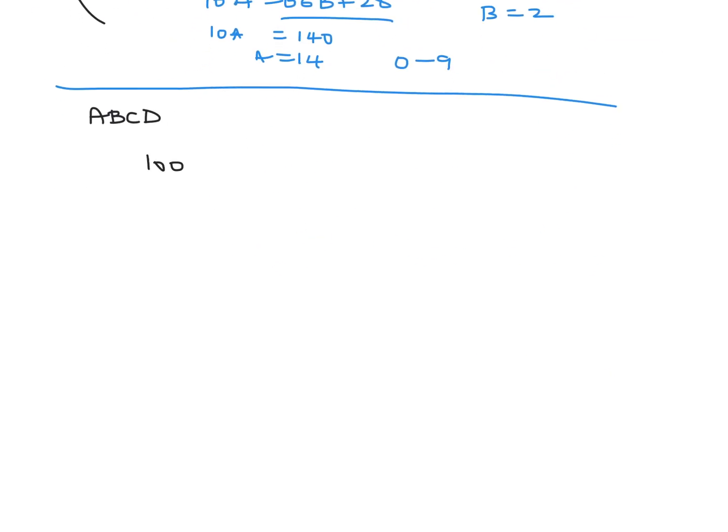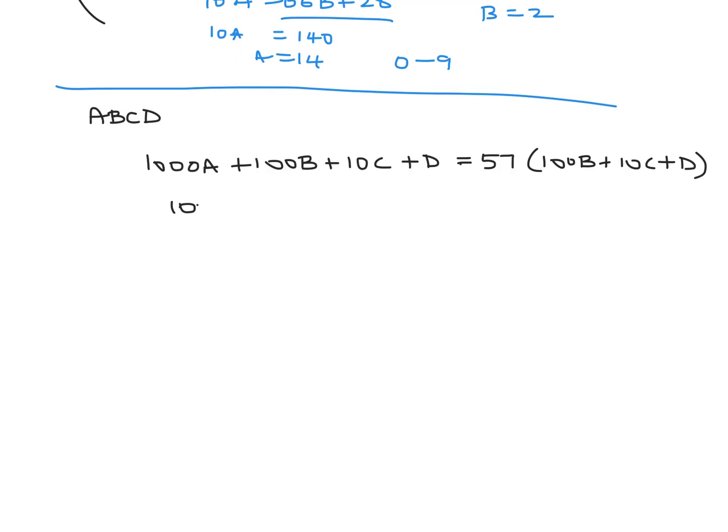So let's go 4 digits, 1000A plus 100B. And I don't even know if it's 4 digits. If it's not 4 digits, then I give up. All right, so then this is 57 times 100B plus 10C plus D. Okay.